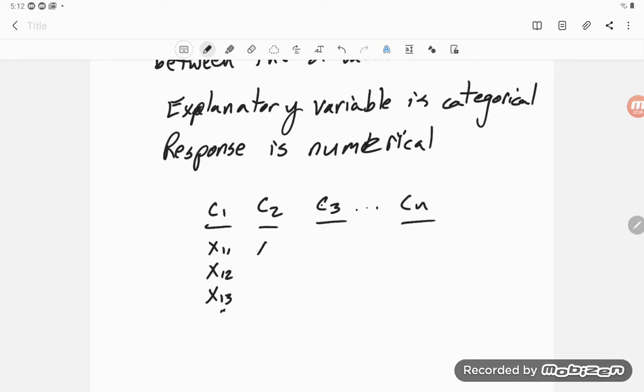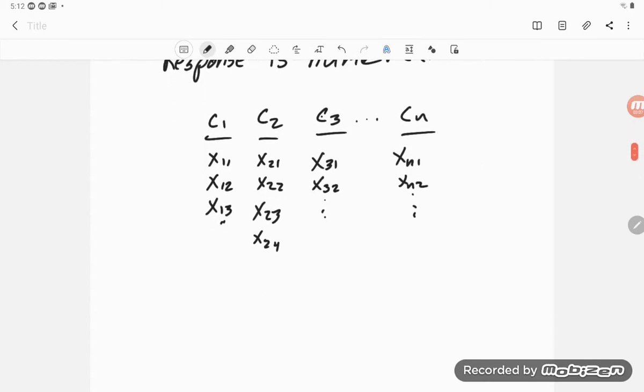Then we could have an x21, x22, x23, x24. They don't have to be the same number of observations in any given column or category. x31, x32, and so forth, xn1, xn2, and all that. Okay, so that's what we're trying to do.